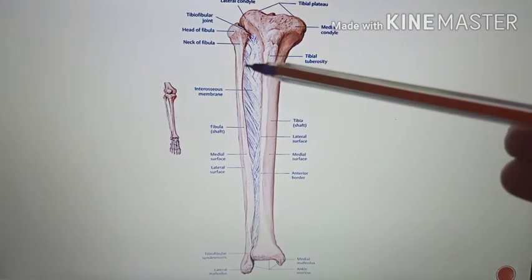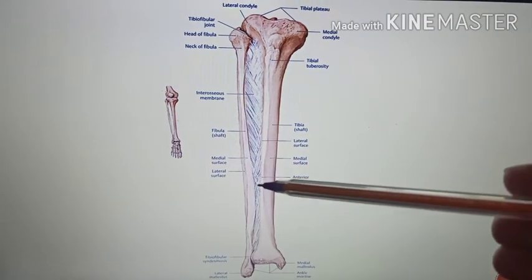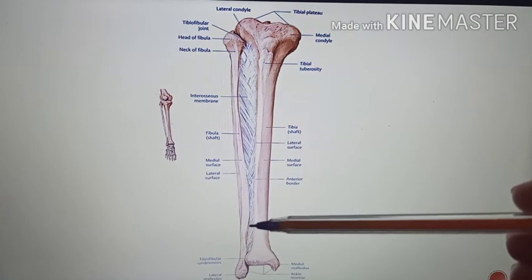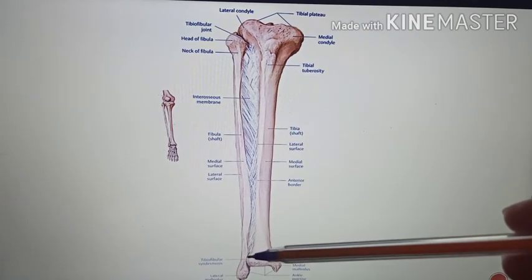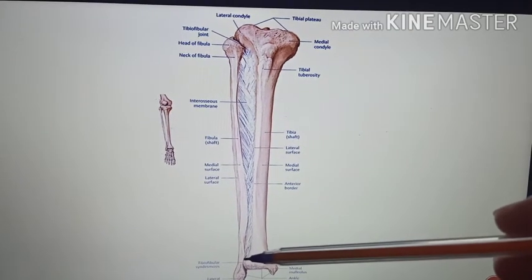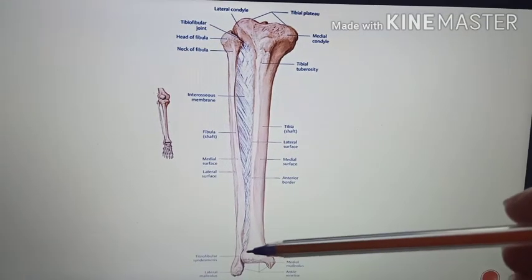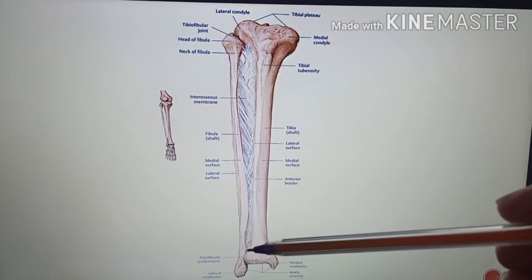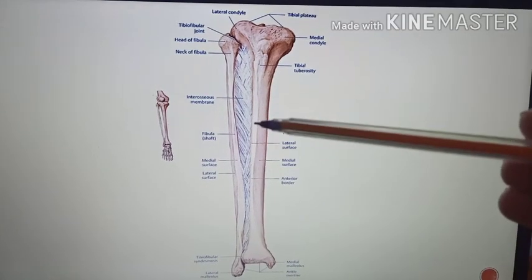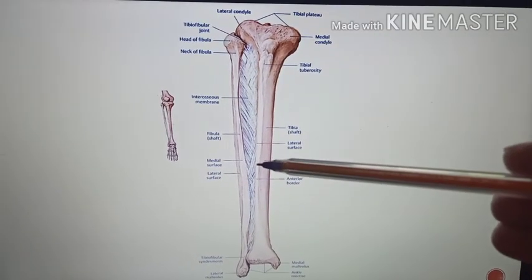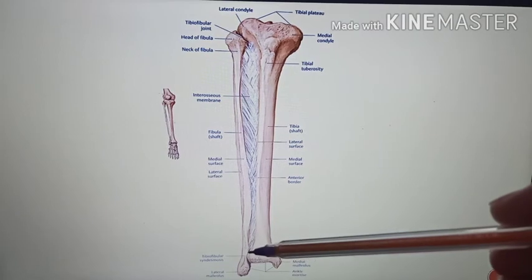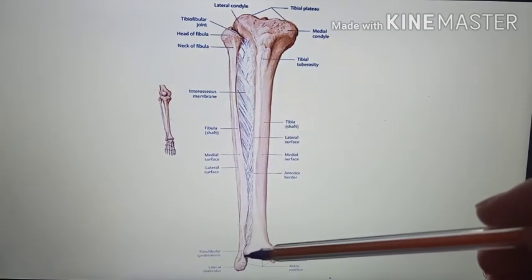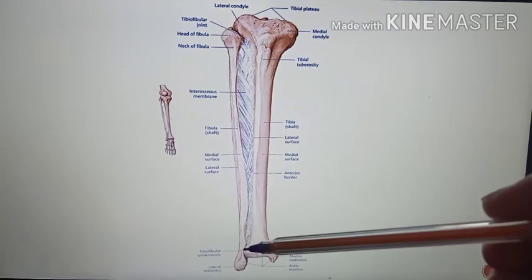It is wide above and narrow below, where it blends with the interosseous ligament of the inferior tibiofibular joint. So for the inferior tibiofibular joint, a ligament will be present here, that is called the interosseous ligament. So this interosseous membrane will blend with the interosseous ligament which is present in the inferior tibiofibular joint.